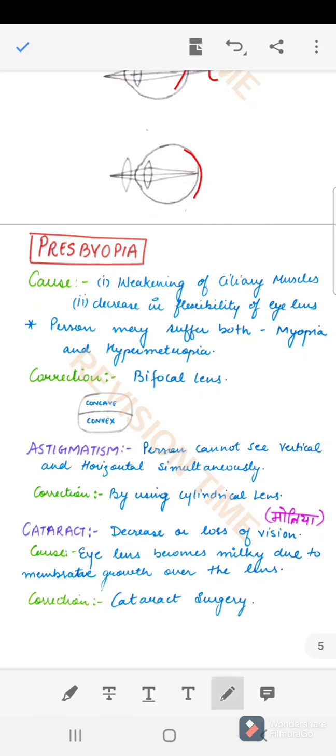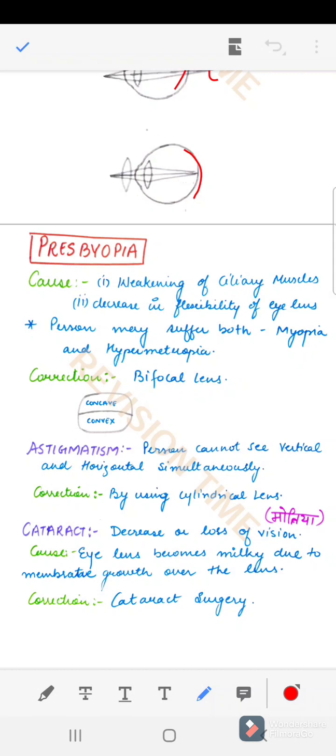The third condition we have is presbyopia. It is a combination of both myopia and hypermetropia. Why does it happen? Because of the weakening of the ciliary muscles. So what do the ciliary muscles do? Let us recall. They contract and relax to control the shape of the lens. So when the ciliary muscles are weak, what will happen? The eye lens will be less flexible now.